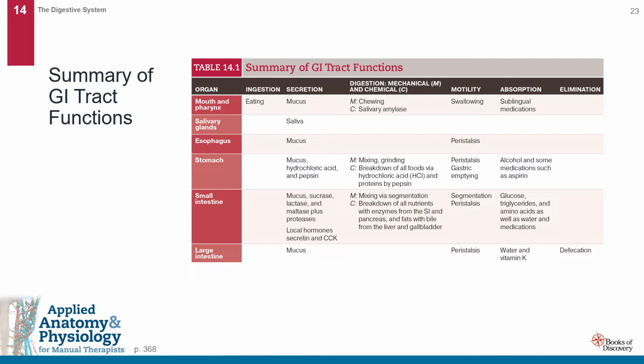The small intestine plays a role in secretion, mechanical and chemical digestion, also motility, and also absorption, but it does not play a role in elimination. And the large intestine plays a role in secretion. It also plays a role in motility, absorption, and then finally elimination, which is defecation.